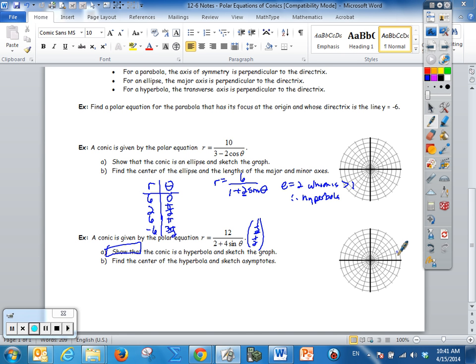Our angle measure 0, we're at 6. 1, 2, 3, 4. At angle measure pi over 2, we're at 2. At angle measure pi, we're at 6. And at 3 pi over 2, we are at negative 6.